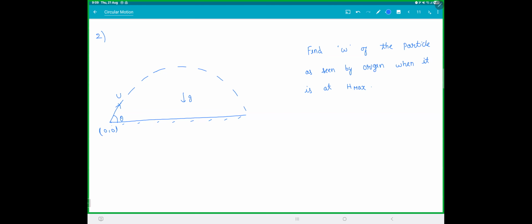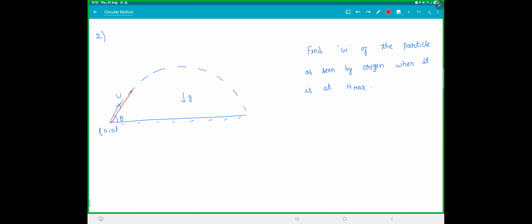So when it is at the h max, again see, when you say omega, don't think about circular motion. It need not be a circle. What is omega? Rate of change of angle. What is the angle? Look at this. When you're here, this is the angle. When you're here, this is the angle. You can clearly see the angle is continuously decreasing. That's it. Rate of change of angle is angular velocity. The particle need not go in a circle to get an angular velocity.